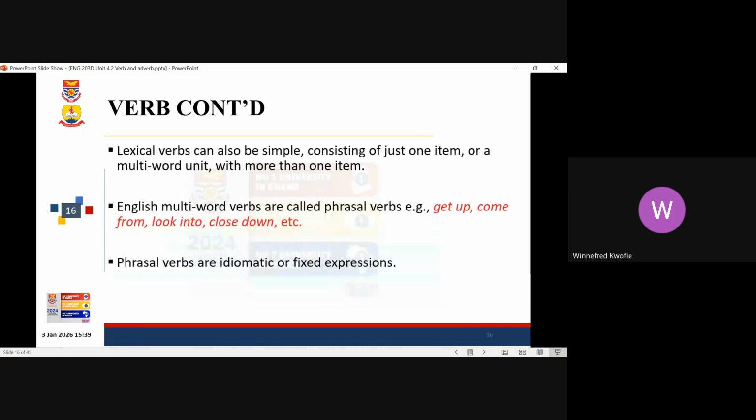Okay, regular, irregular. Lexical verbs.